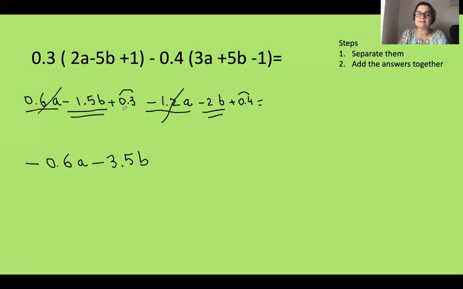And then plus 0.3 plus 0.4 becomes 0.7. So this is the last solution, when we can't go further and there are no more like terms. However, if you want to put a positive term in front, the whole answer is going to look like this: 0.7 minus 0.6a minus 3.5b. But even leaving the answer at the earlier stage is not a mistake.